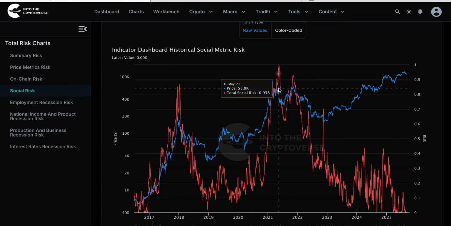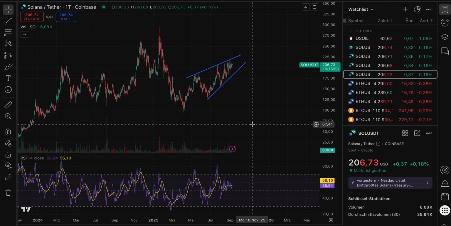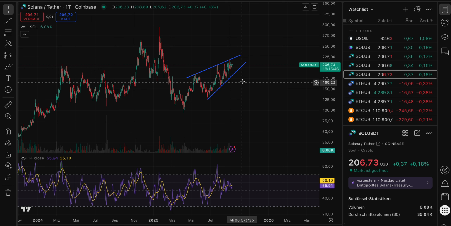And that's the only bearish signal, why I am of the opinion that it could also not dump yet, because there is not a lot of retail here. Which of course doesn't mean that the chart might not dump.